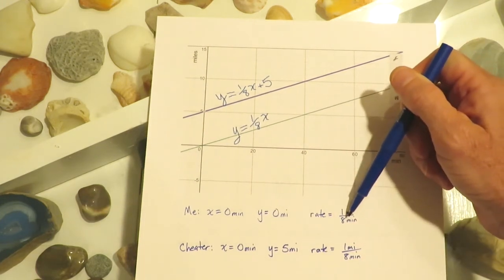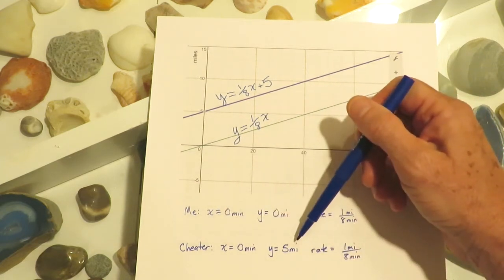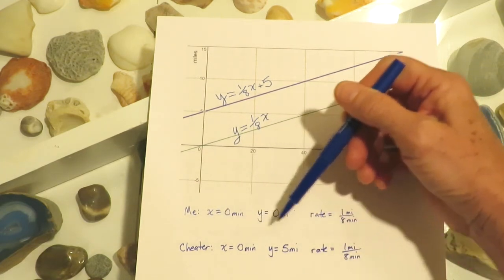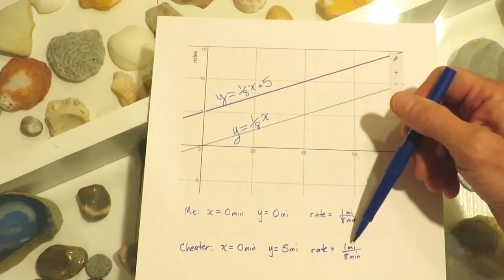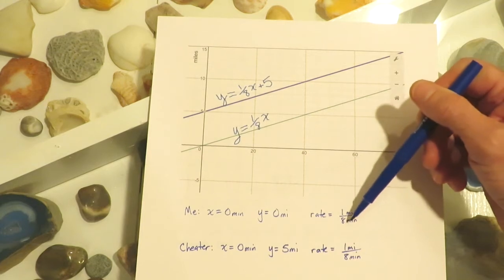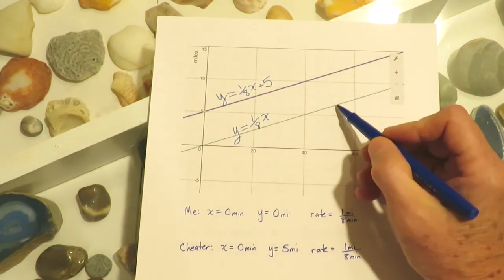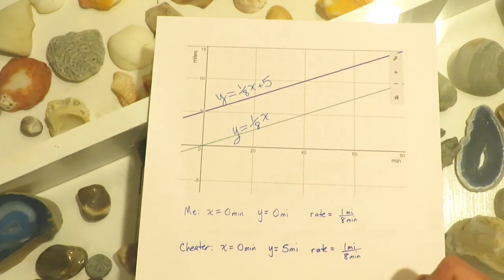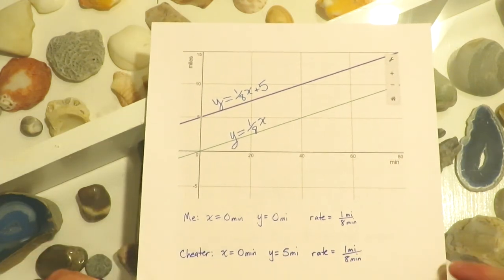My rate is 1/8. Let's say we have some cheater that jumped in at mile 5, then at time 0, their mile is already starting at 5. If they have the same rate as I do, I will never catch up to them. My distance will always be behind theirs because they jumped in line. Hopefully some camera will have caught them jumping in and they will get publicly shamed and so forth.